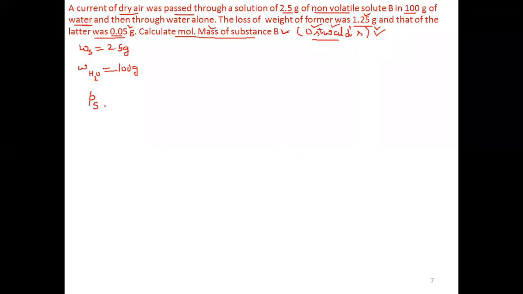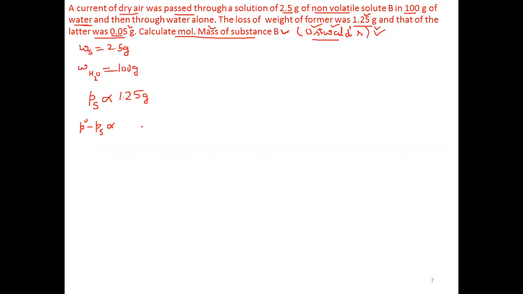So PS is proportional to 1.25 gram. Now when the same vapor passes through the solvent bulbs, they absorb some more vapors, and this weight loss is proportional to the lowering of vapor pressure, P naught minus PS. This came from the learning of Ostwald's method.